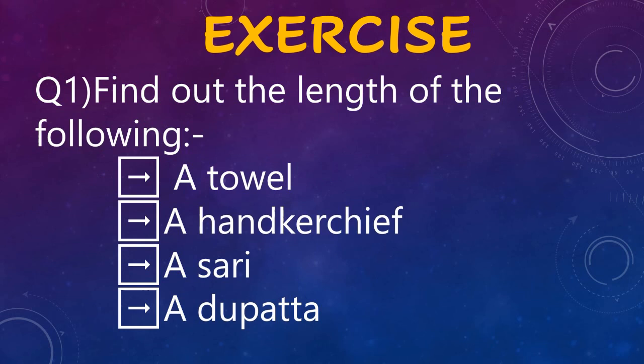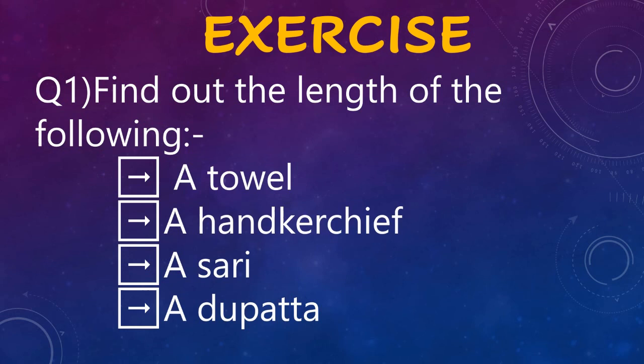Second, handkerchief. You have to measure the length of handkerchief. Third one, a sari. Children, your mama is wearing sari. So, you have to measure the length of the sari.